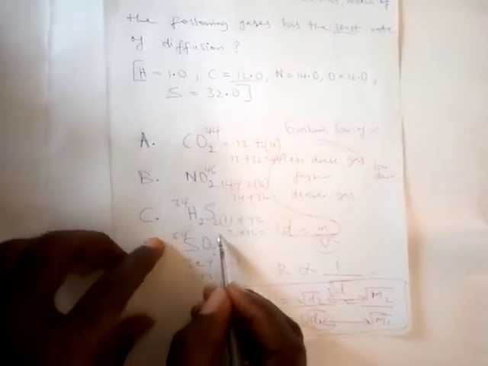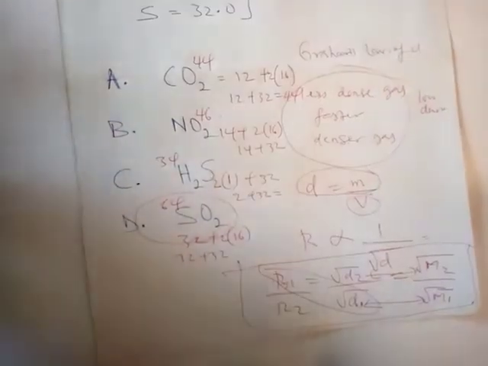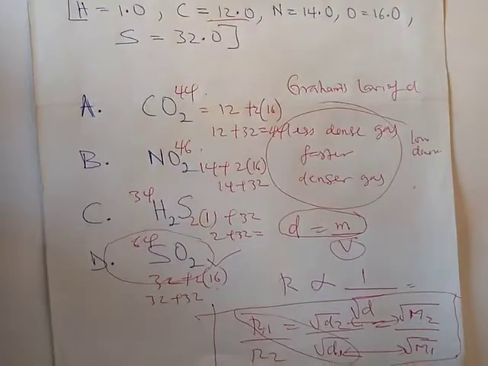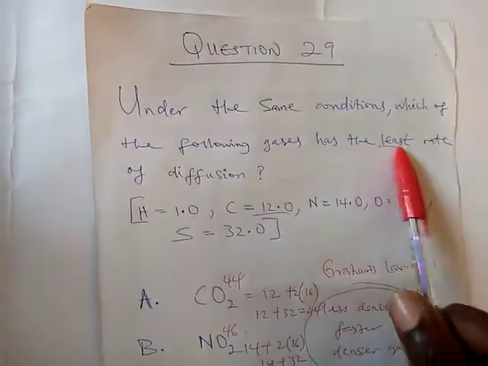This is the one that has the higher molecular mass, and we can call it the higher density because molecular mass and density are related. So we can say this is the much denser gas. According to Graham, the one that is less dense will diffuse faster, and the one with more density or more molecular mass will diffuse slowly. So under the same condition, which of the following gases has the least rate of diffusion?